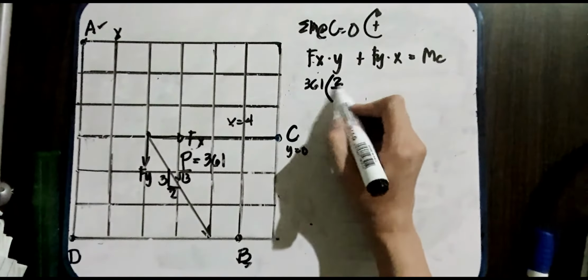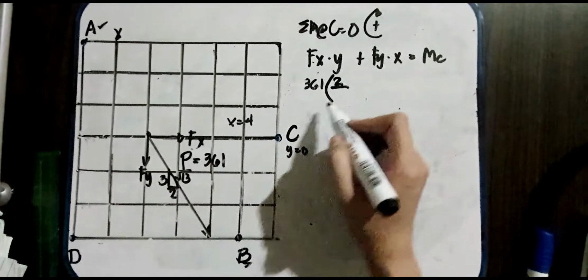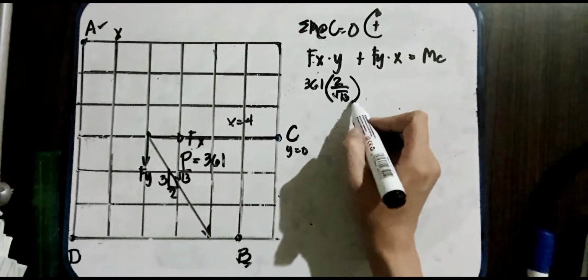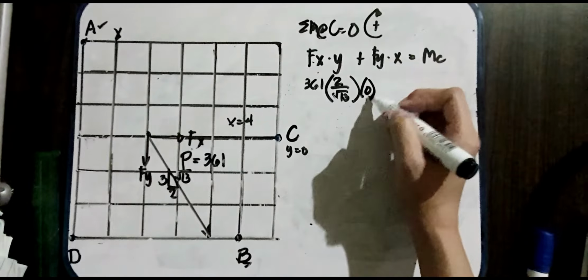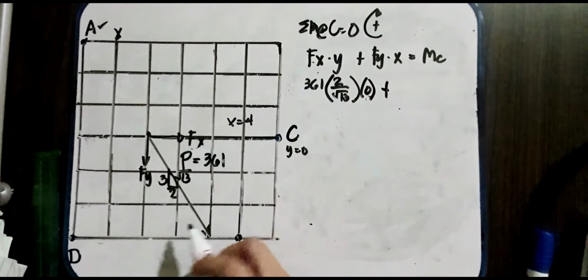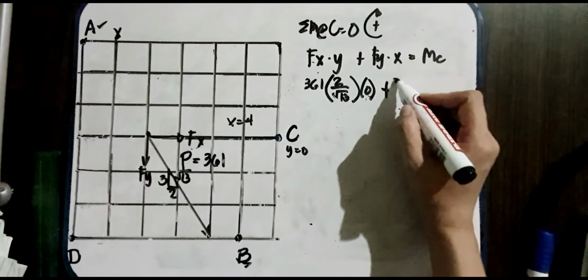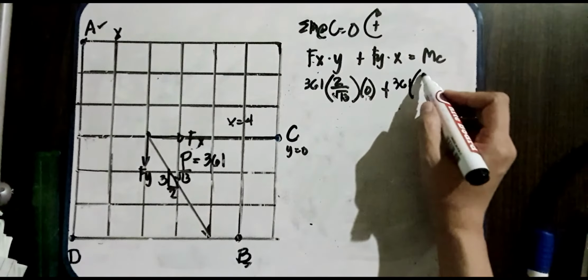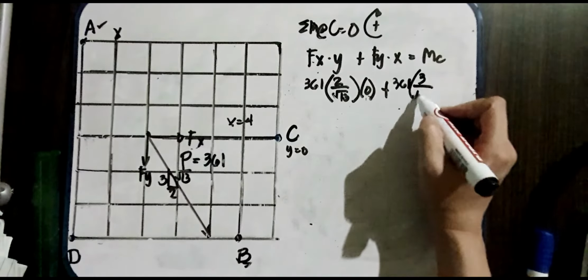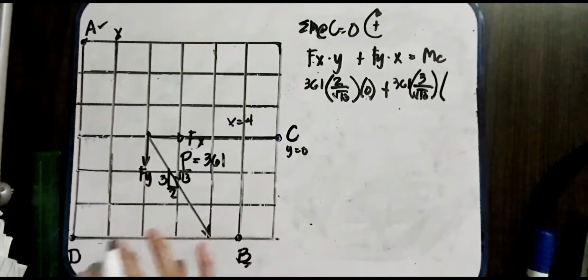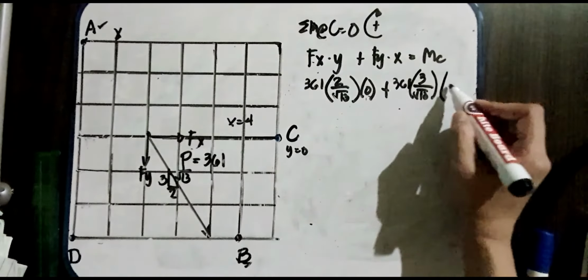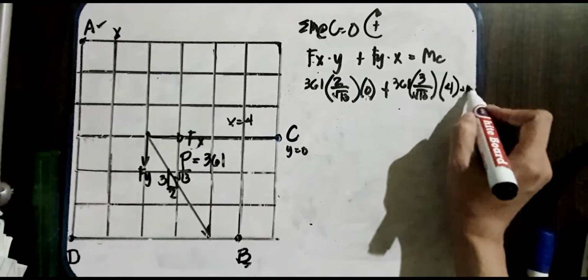Kunin natin yung hypotenuse, which is square root of 13, multiplied by yung y distance natin, 0. Plus, what is your fy? Your fy here is 361 multiplied by 3 all over square root of 13. Okay, times natin yung x distance natin, which is 4.